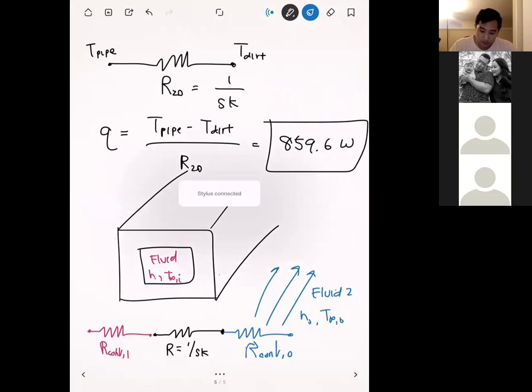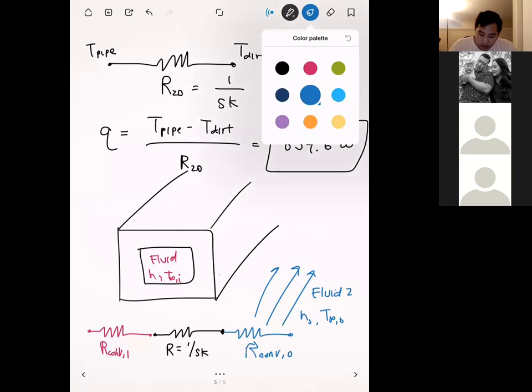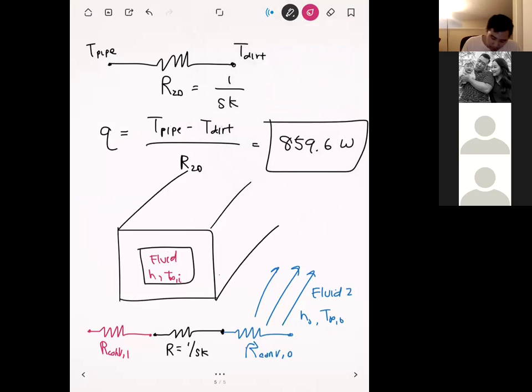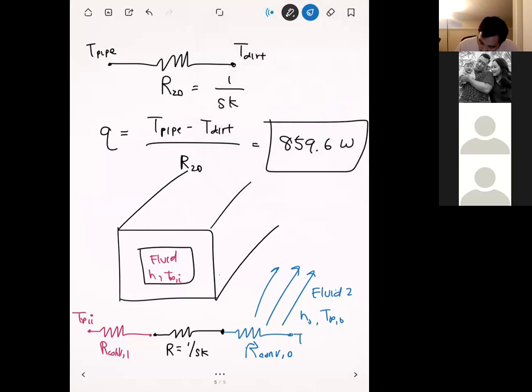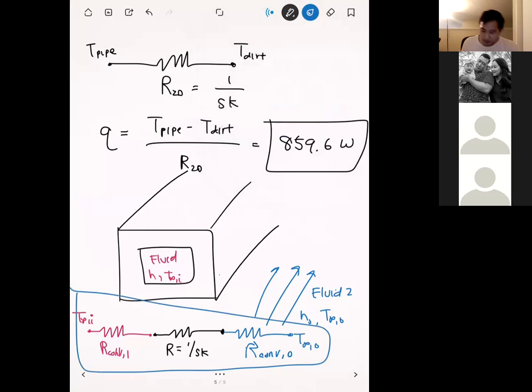And then on the two ends right here, we have the temperatures of the fluid itself, so T infinity I, and also T infinity O. In this problem you have 2D heat conduction, but you also have convection heat transfer as well, so you need to take that into account in your circuit. Make sure that you have 3 resistances in your circuit for that homework problem.